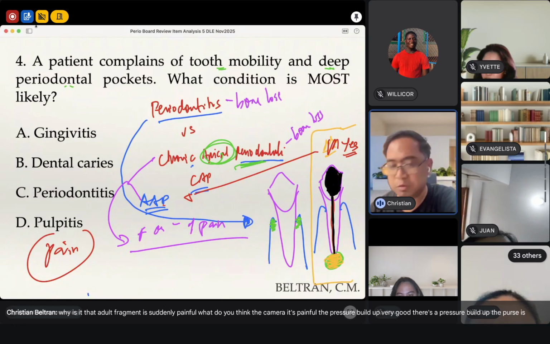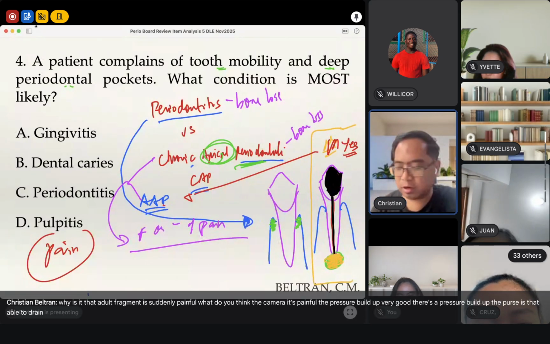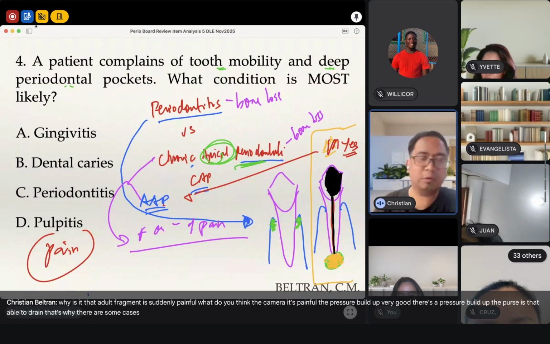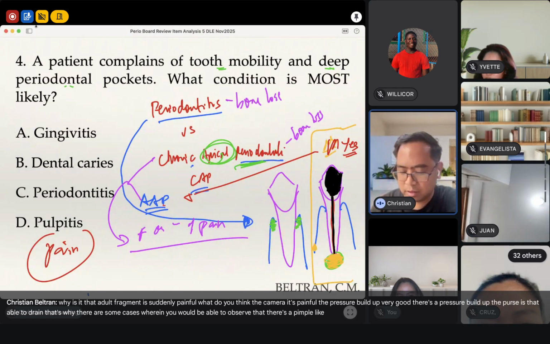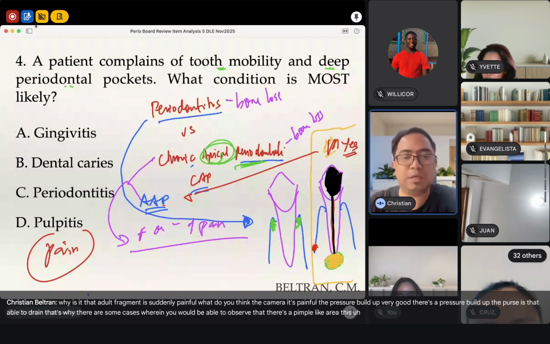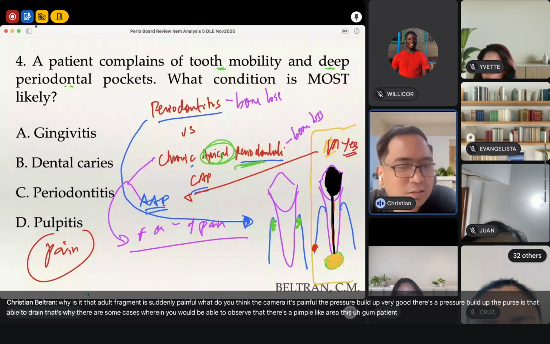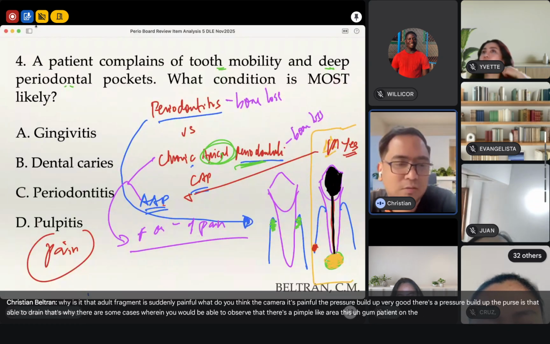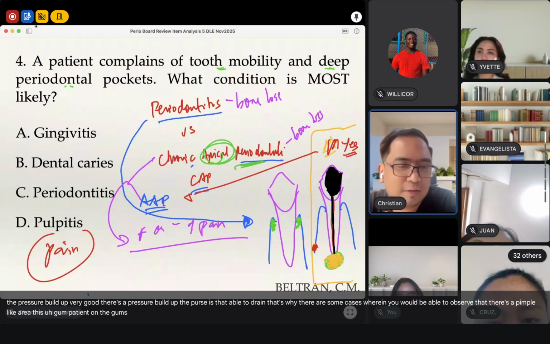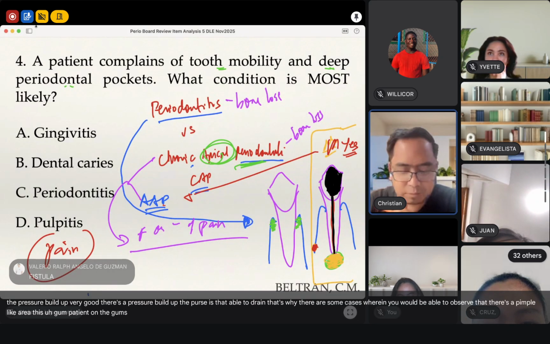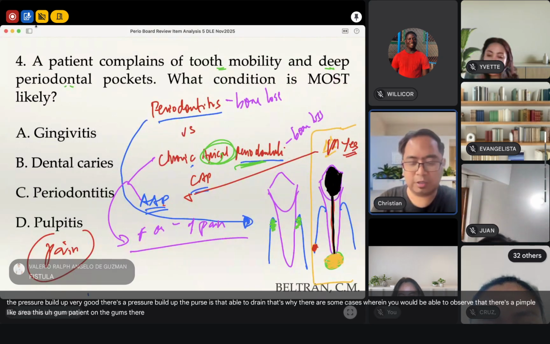The pus is not able to drain. That's why there are some cases wherein you would be able to observe that there's a pimple-like area dun sa gums ng patient. Di ba? Parang may pimple. What do you call that pimple-like structure on the gums? The fistula or the sinus tract.